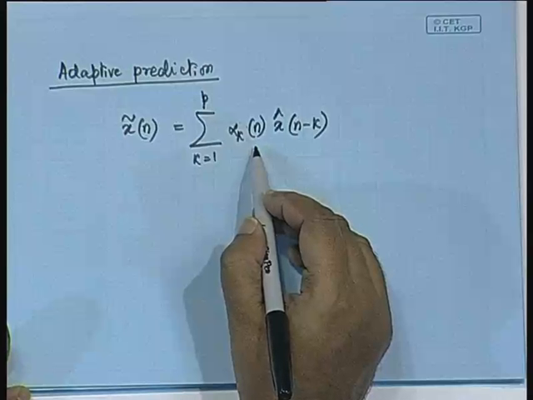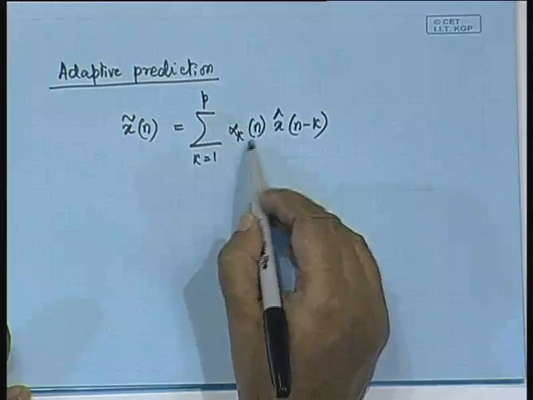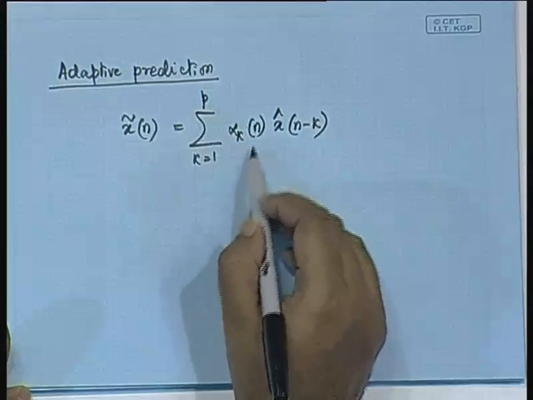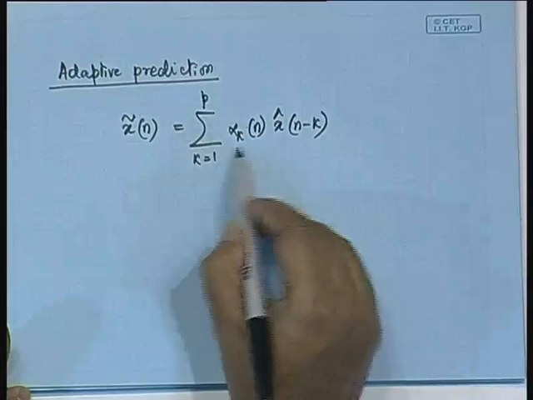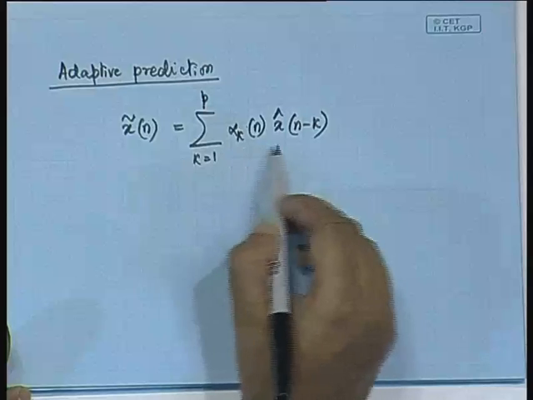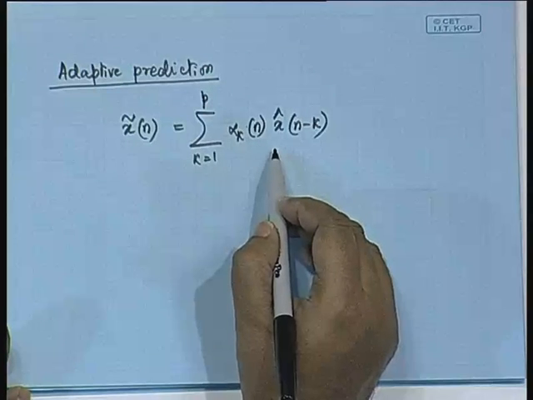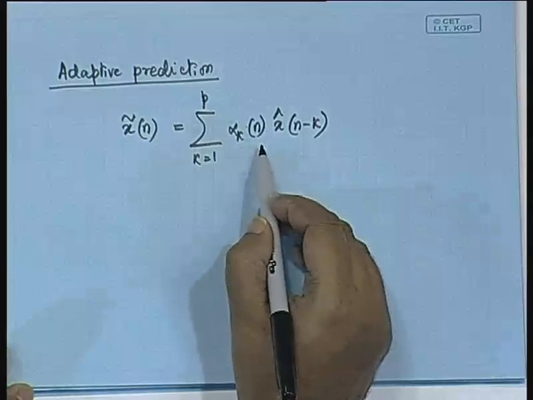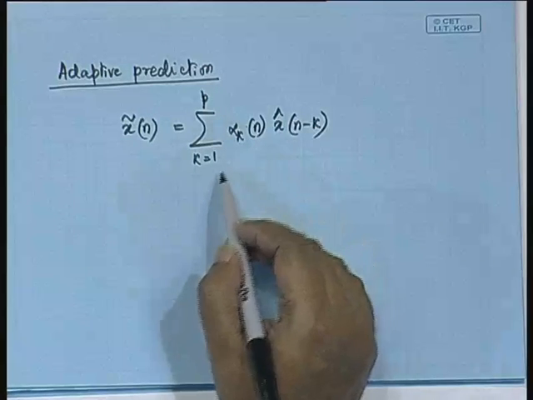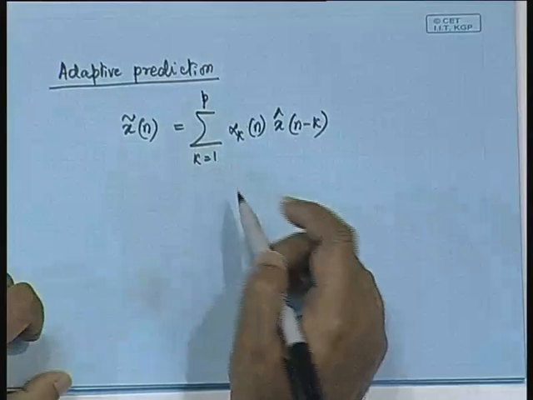So, which means to say that we should be prepared to vary this alpha k from sample to sample. So, that is what is making the prediction adaptive. Adaptive prediction means adaptively controlling the prediction parameter alpha k or the prediction coefficient alpha k.